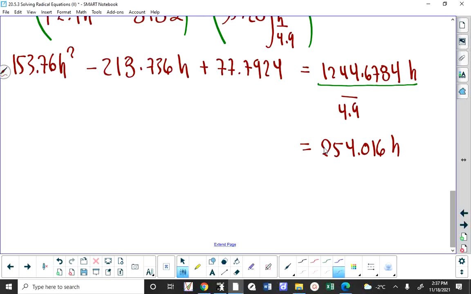So it's quadratic, and although the decimals are a real pain, we do end up with 153.76h squared minus, I'm going to have this many h's and this many h's. I have to subtract this over.